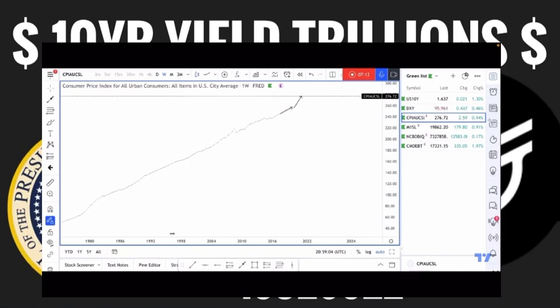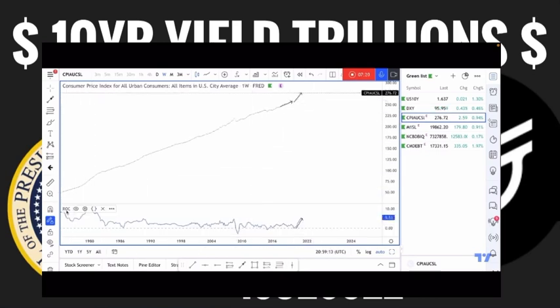This is the CPI for the US, and what I've got here is a rate of change indicator. You can see the momentum, the rate of CPI, has been massively increasing over the last few months.